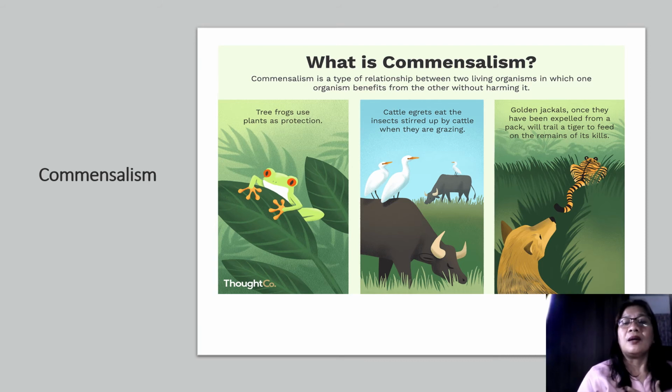Okay, next. The golden jackals, once they have been expelled from the pack, will trail a tiger to feed on the remains of its kills. So they show an example of commensalism.